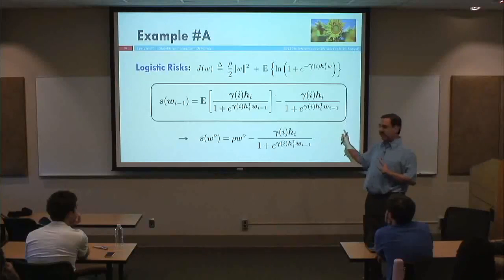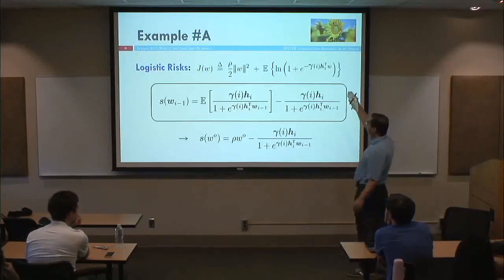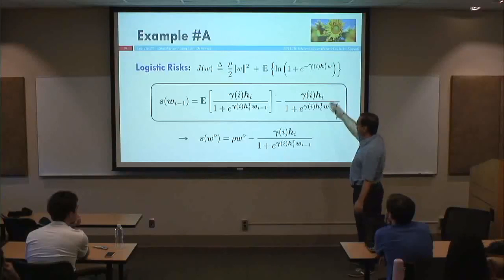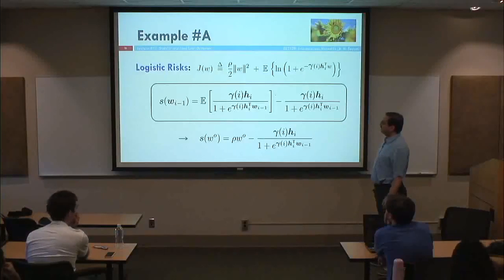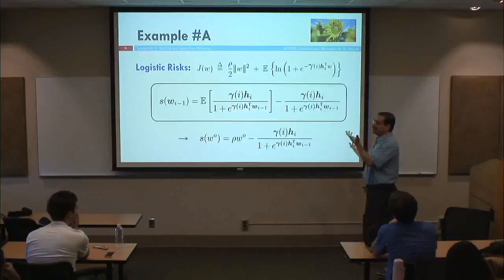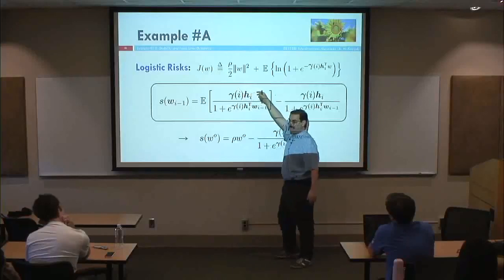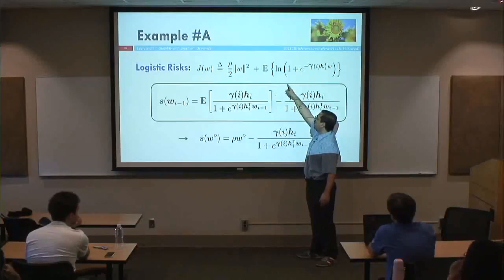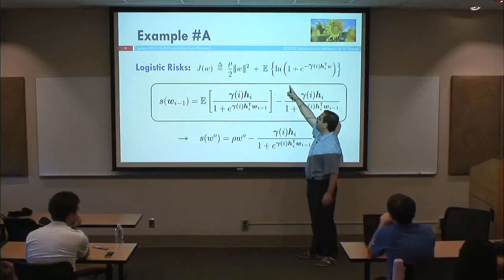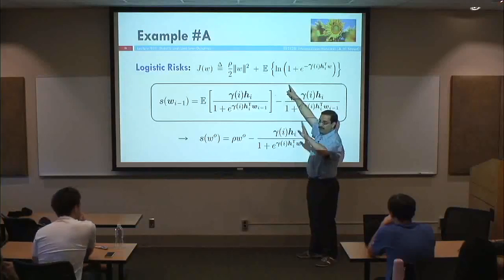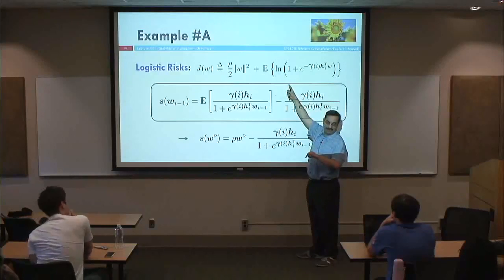So here I'm just showing you the results, okay? For logistic risk, regularized logistic risk, that's the cost. If you compute the gradient vector, what's the gradient vector? The gradient vector is rho omega plus the gradient of this expectation. If you throw away the expectation, you get the approximate gradient, right?